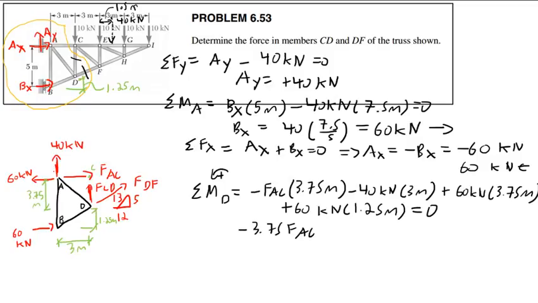So negative 40 times 3 plus 60 times 3.75 plus 60 times 1.25 comes to plus 180 kilonewtons equals 0. And from this, I can easily conclude that FAC is equal to 180 over 3.75, 48 kilonewtons.